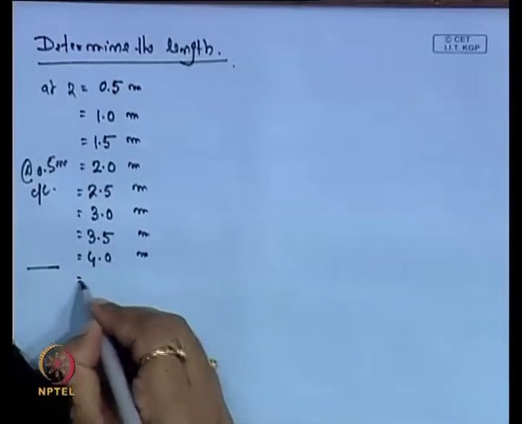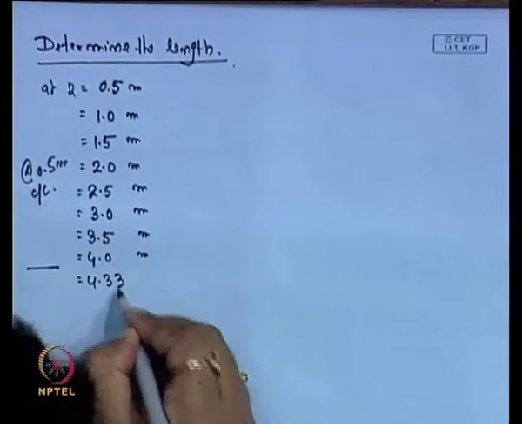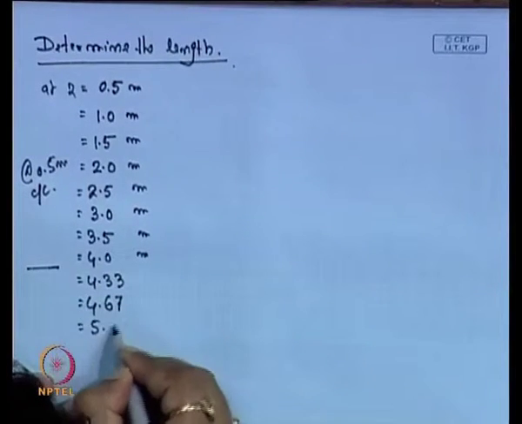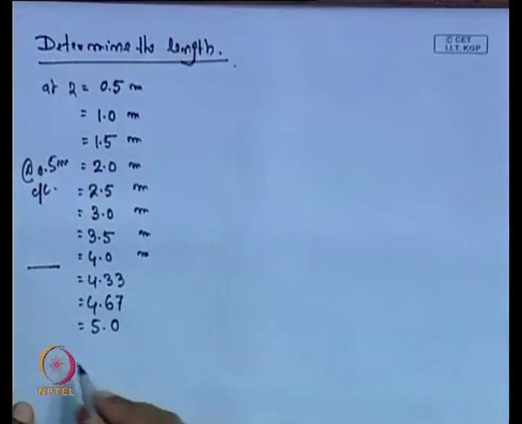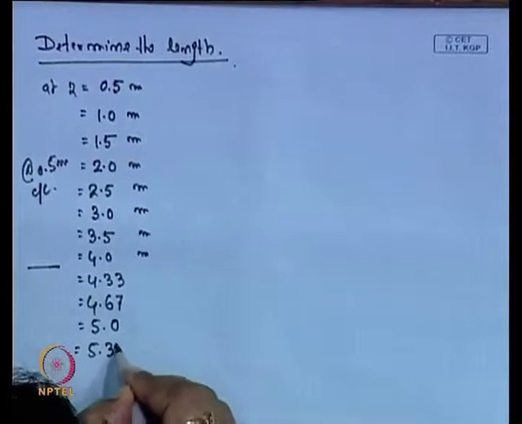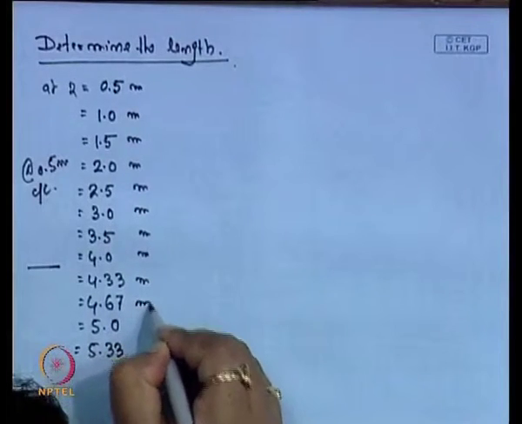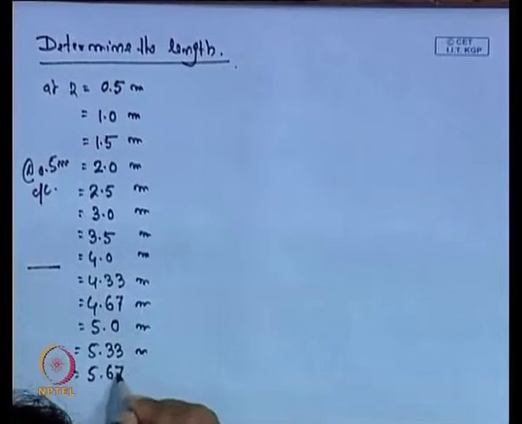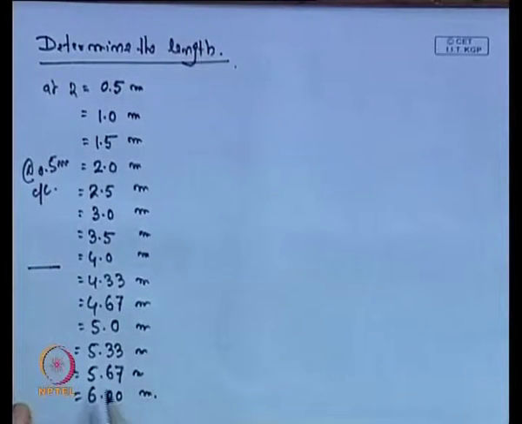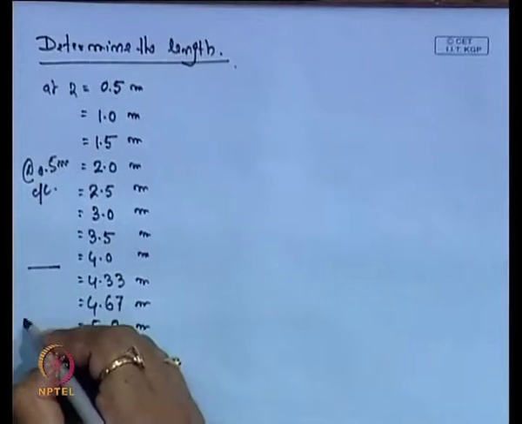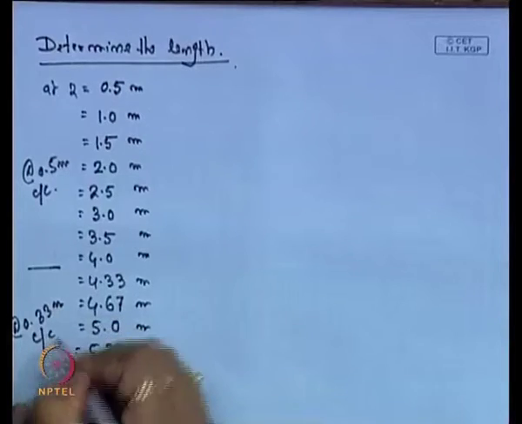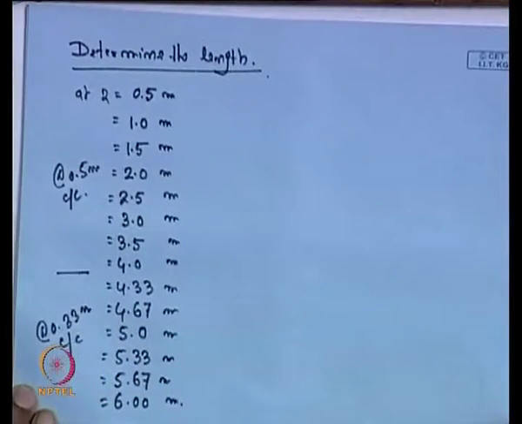Now, the next ones are 4.33, then 4.67, then 5 meter, then 5.33, then 5.67, then 6 meter. So, the total is 14 in number. Here it is at the rate of 0.33 meter center to center.